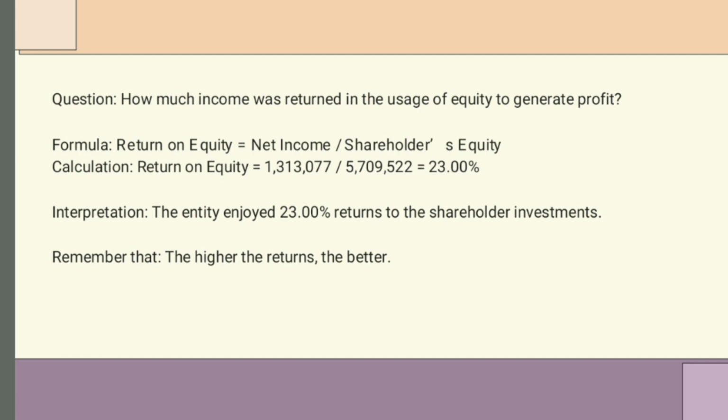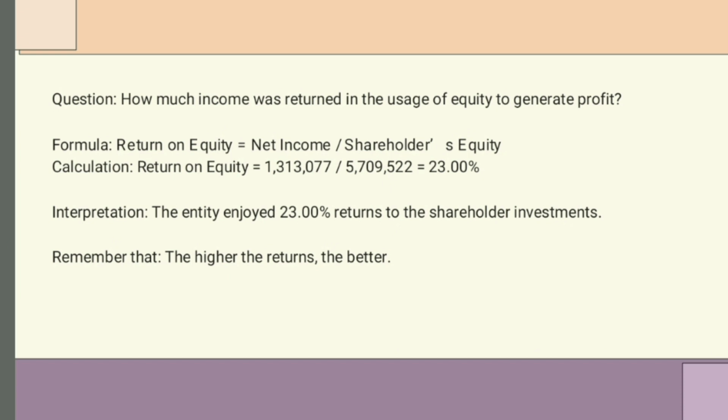Now, return on equity. How much income was returned in the usage of equity to generate profit? Or, how much returned to the shareholders' investment? So, you simply divide net income by your total shareholders' equity, and same process.